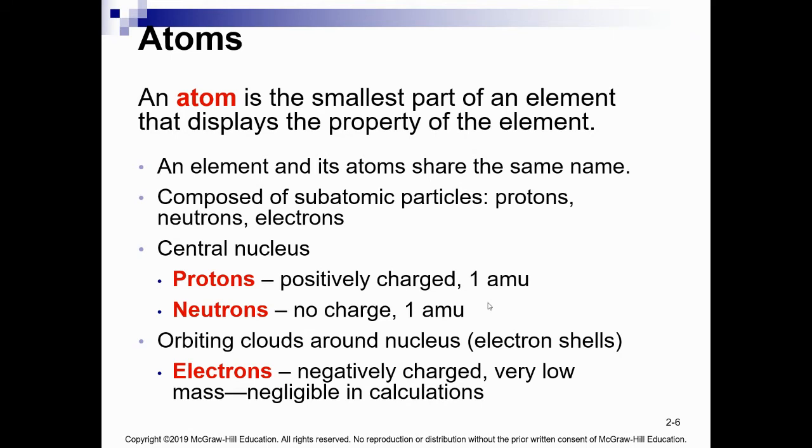Our electrons are so very small compared to protons or neutrons that their mass is negligible. If a proton is 1 atomic mass unit, an electron would be 0.00000, keep going with those zeros for a long time before we get to the 1. So we can just not even consider them when we talk about the mass of an atom.